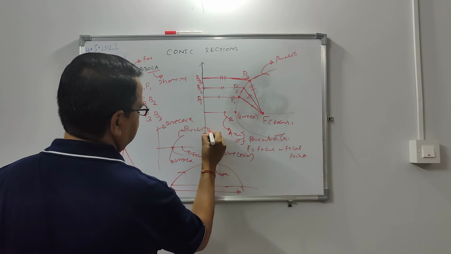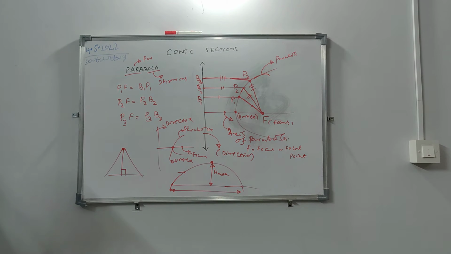So these are the things you should remember. Then, after having this understanding, we can develop the standard equations of parabola. You can take a picture, then we will derive the standard equations of parabola.